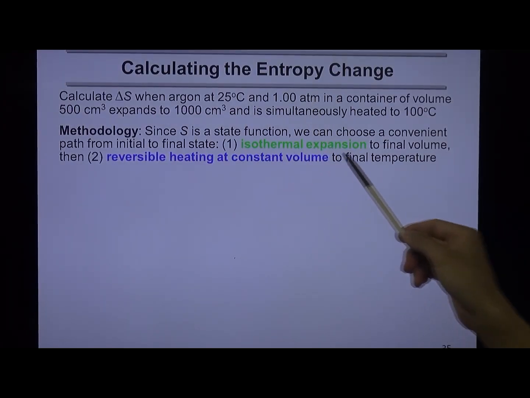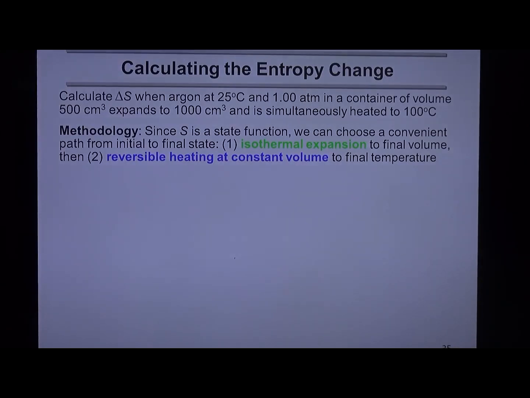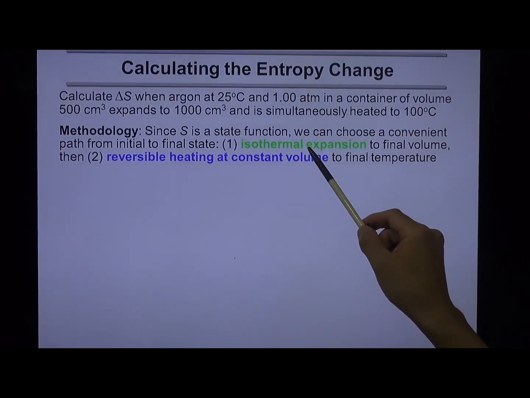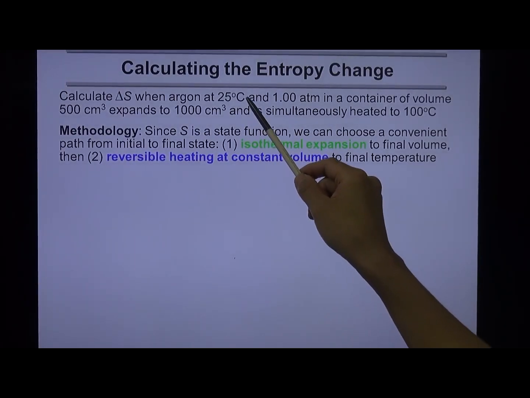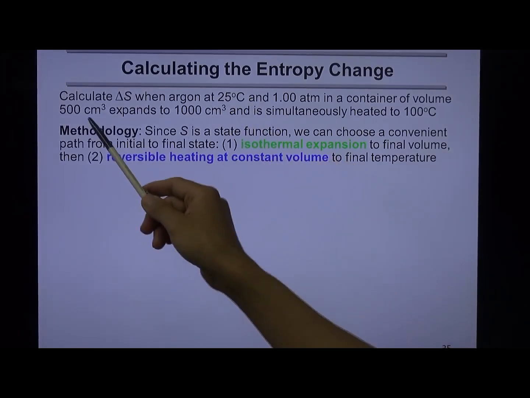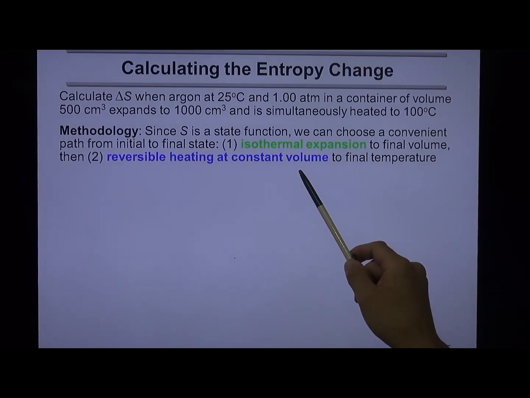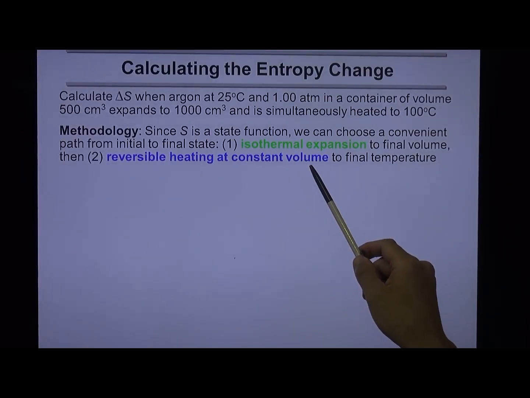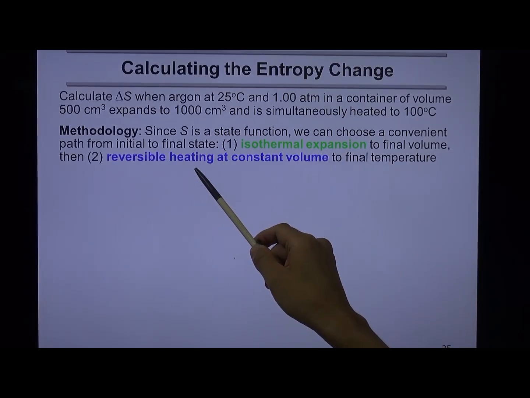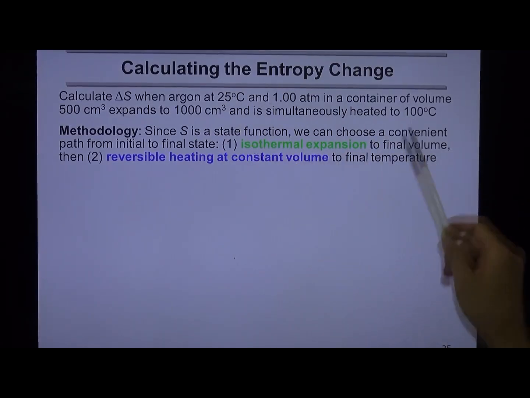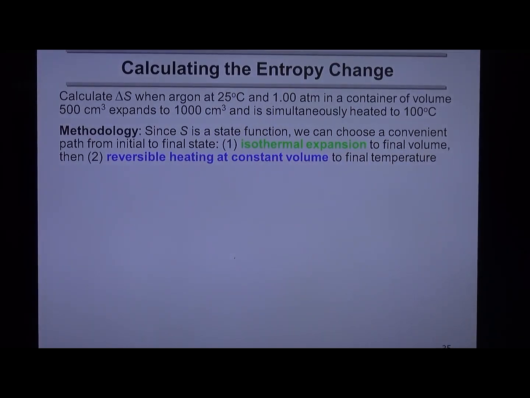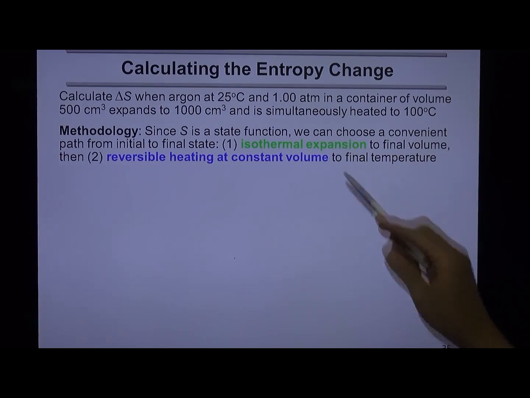First, isothermal expansion to the final volume. We first fix the temperature at 25 degrees C, and we change volume from 500 to 1000. And then we fix the volume at 1000 cubic centimeters and increase the temperature from 25 to 100 degrees C. Simple, right? So we separately calculate each of these and combine them.